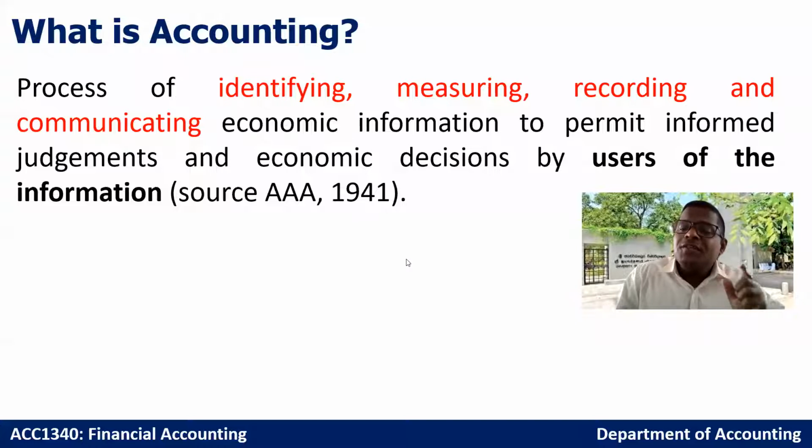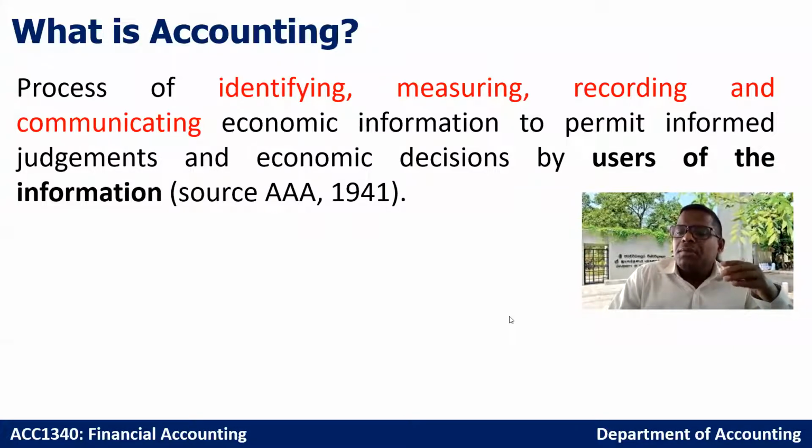But for the time being, for our course, just to deliver these titles or areas, we think this definition is applicable. That's why we have selected the process of accounting: identifying, measuring, recording, and communicating, for delivery purposes.